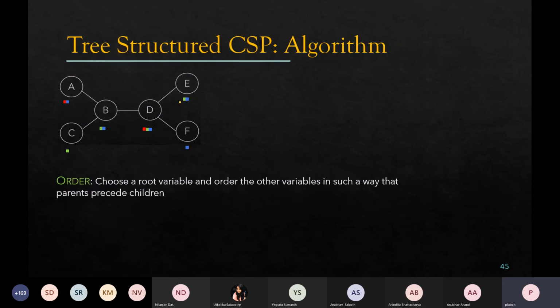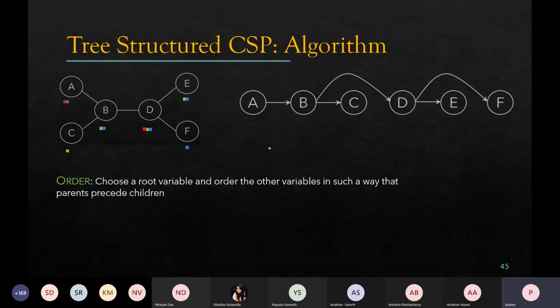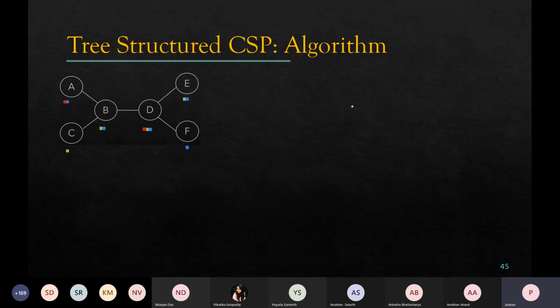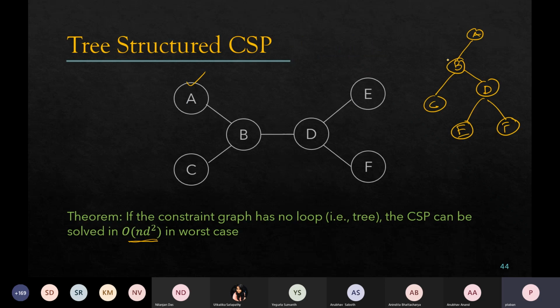What we will be doing first is ordering these nodes in such a way that the parent of each node will precede its children. So let me try to draw it first, then let me explain. We have a tree structure like this from earlier. Now from this, I'll first create an edge like this.